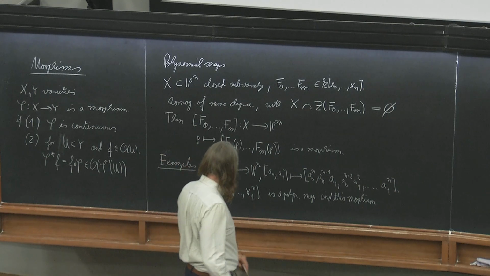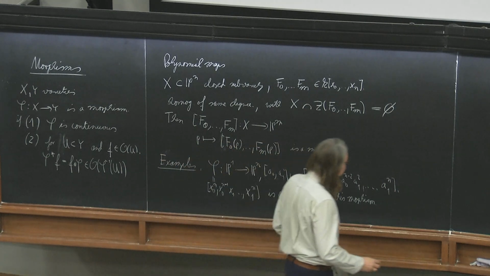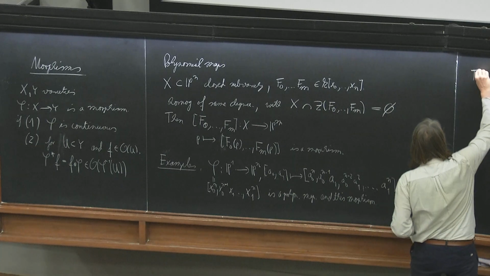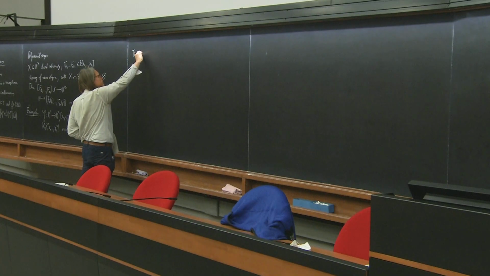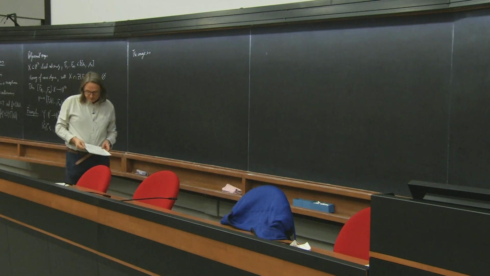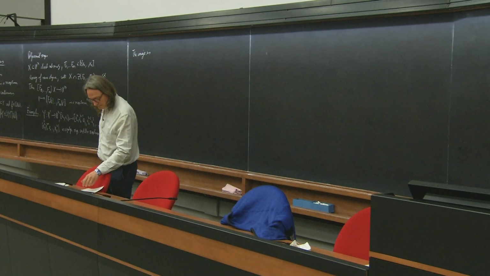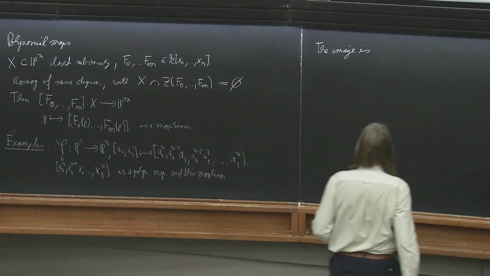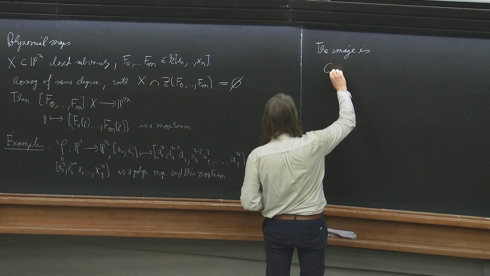And one can easily see what the image is. A closed subset, which I can call Cn.